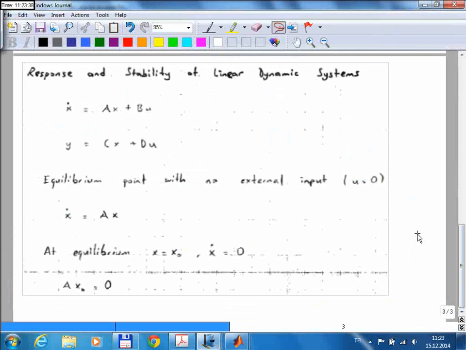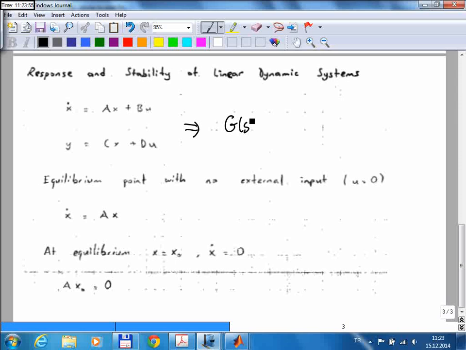Okay, so this is what we're going to study: response and stability of linear dynamic systems. In state space form, a linear time invariant system is given by these equations. And if we had the transfer function for the same system, that looks something like this.